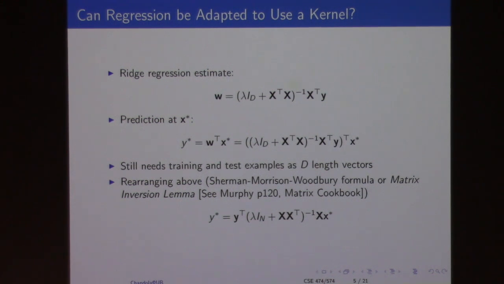The only thing that they rely on is the availability of a kernel function, which given two objects can give you the similarity or the distance between them. So that is the base question that we want to start with. The first thing we're going to look at is, can we use this for regression? Let's look at that here.